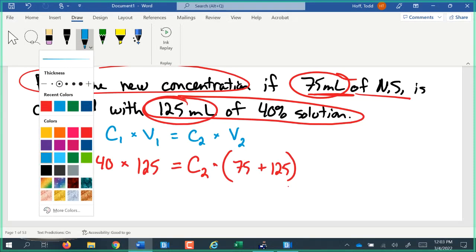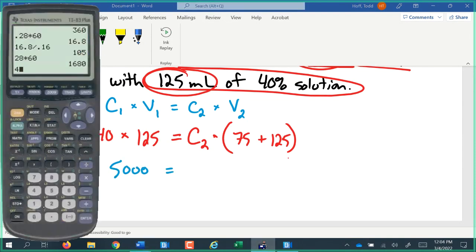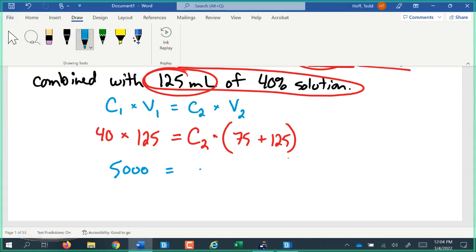So this formula will now become, well, let's just combine what we can on either side. On the left side, we can do 40 times 125, which I believe is 5,000. Double check that. It is. On the right side, we have to combine the 75 plus 125, which is 200. Notice I can remove the parentheses now.